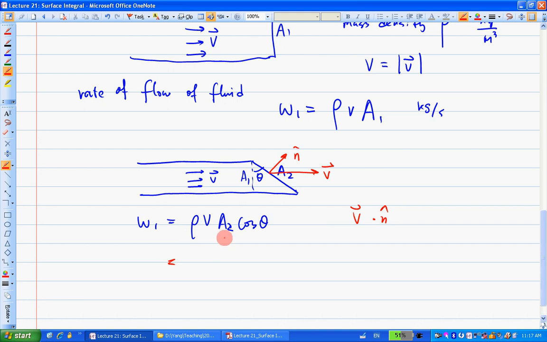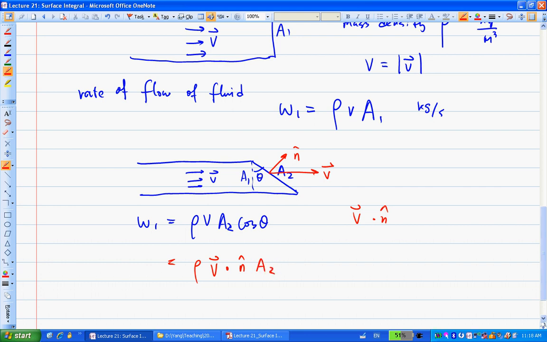If I use a vector to express this quantity, it would be rho V dot n hat, then multiplied by A2.